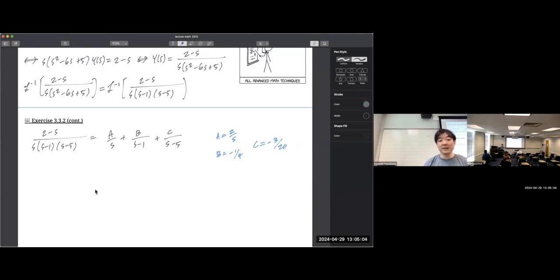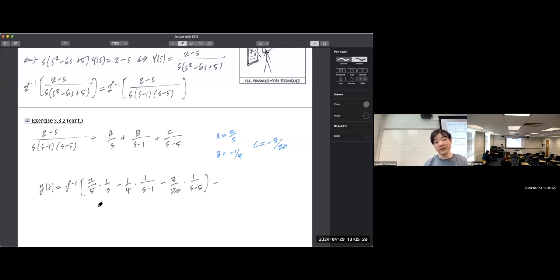So then with that, your solution, y of t, would end up being as if you took the inverse Laplace transform of 2 over 5 times 1 over s, minus 1 over 4 times 1 over s minus 1, minus 3 over 20 times 1 over s minus 5.